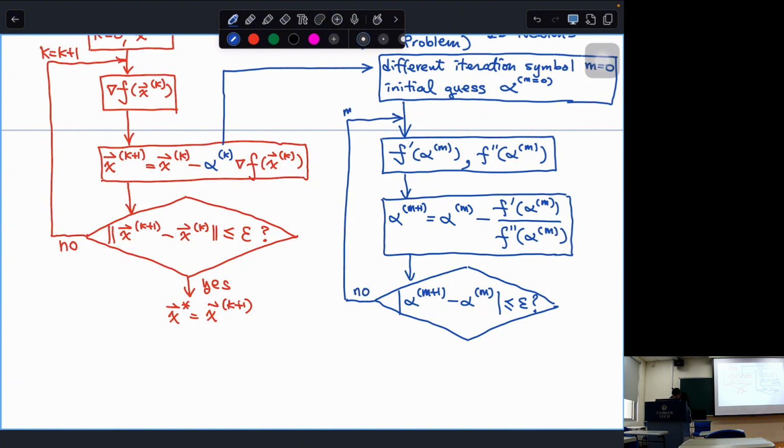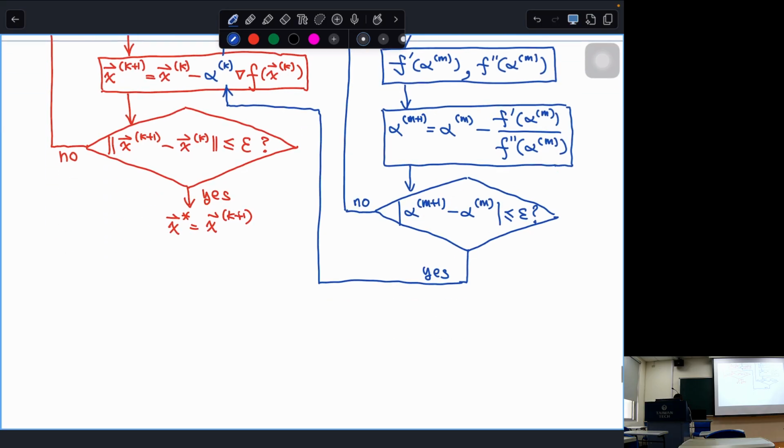Then iteration number plus 1. If yes, update alpha. So your kth alpha equals the optimal alpha of the subproblem, and that is your latest one.